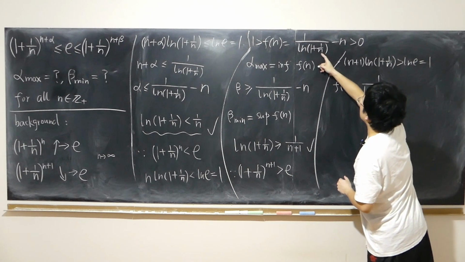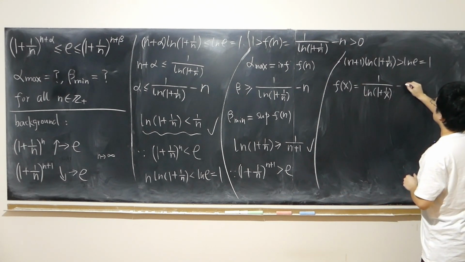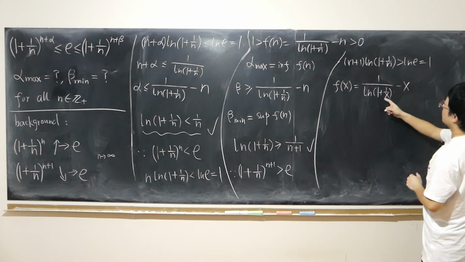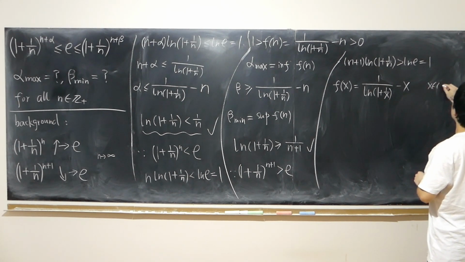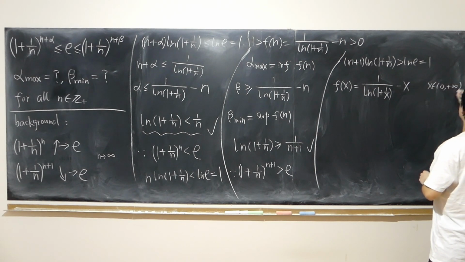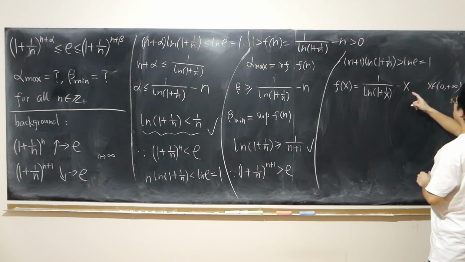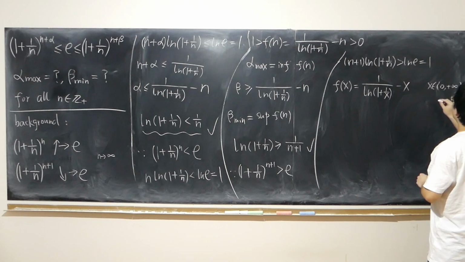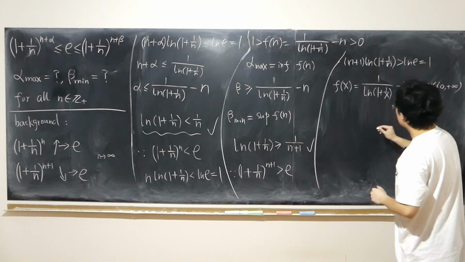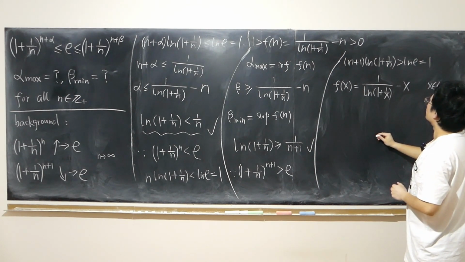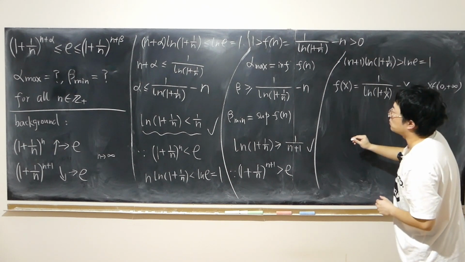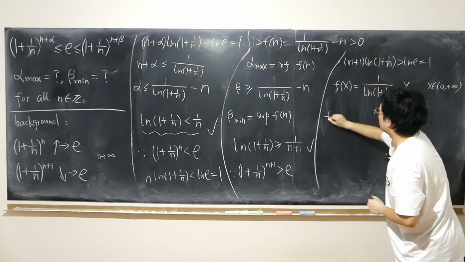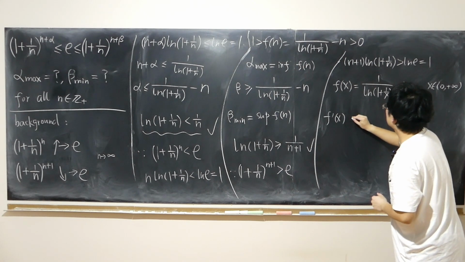Just replace n with x, where x, of course, is between 0 and positive infinity, excluding 0. Now my job is to look at its derivative, right? Since we're talking about maximum and minimum, so find its derivative.